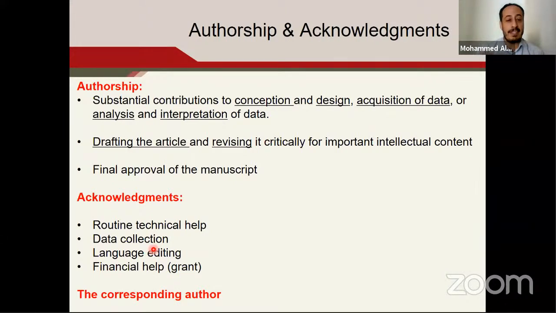So you give this person a survey, and you ask him or her to distribute the survey at his or her university, so they deserve to be acknowledged, not to be part of the authorship. Language editing also should not be in the authorship, it's in the acknowledgement.